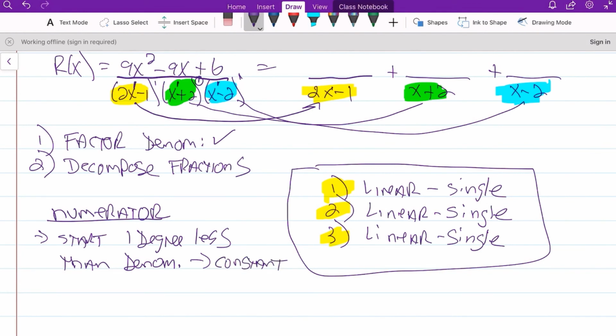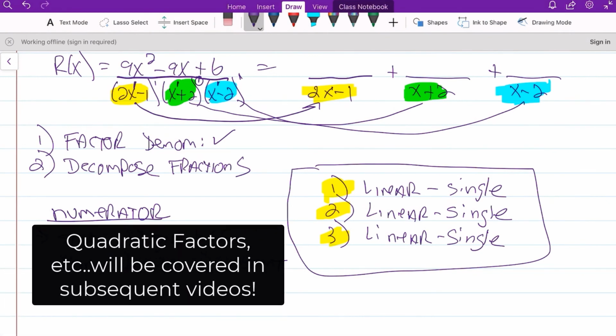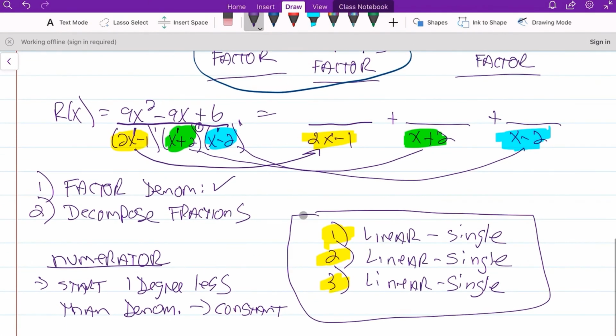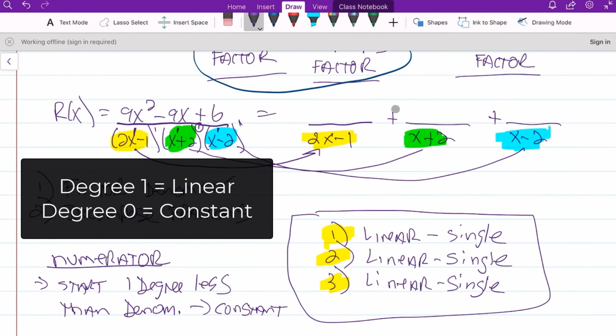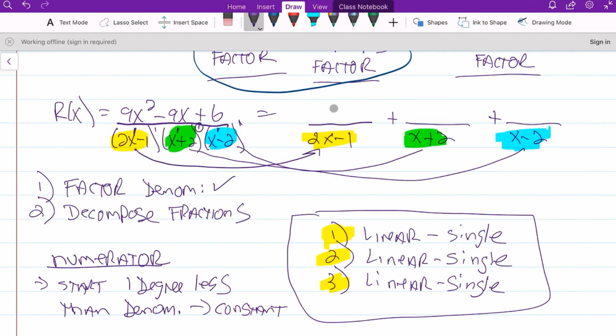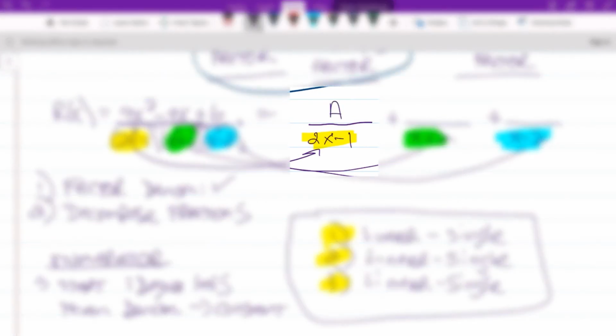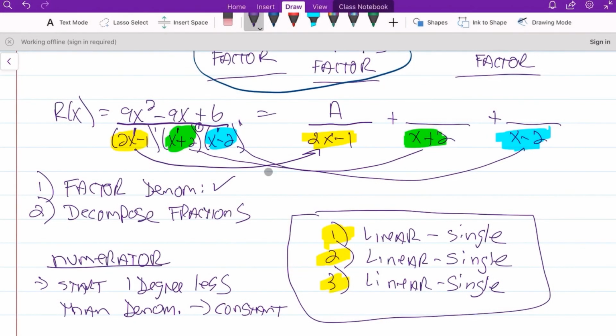Okay? And again, this will be covered in more detail in the third video and any subsequent videos. For now, I just have linear factors in the denominator. So again, we have to start 1 degree less than linear, and 1 degree less than linear is constant. And we have to put a placeholder in here, and the placeholders are going to be variables. All right, and we're going to start the variables off with A. So your first fraction is going to be A. And you're going to account for these all the way down to the constant.